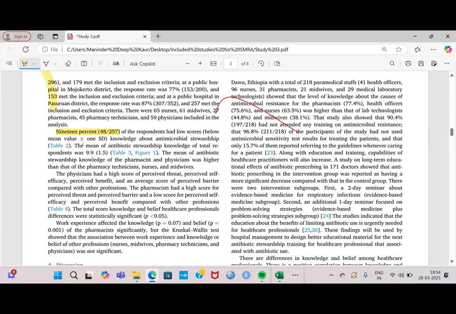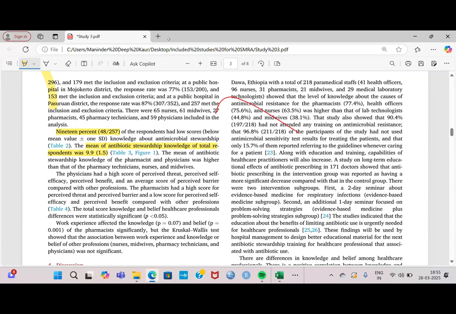So they have also reported, see, the mean antibiotic stewardship knowledge of the total respondents. That is 9.9 with SD 1.5. So that is the total respondents. So I need a total score. I don't need a score that is telling about the different professionals. So I will take this mean.